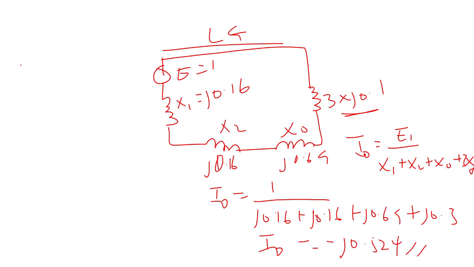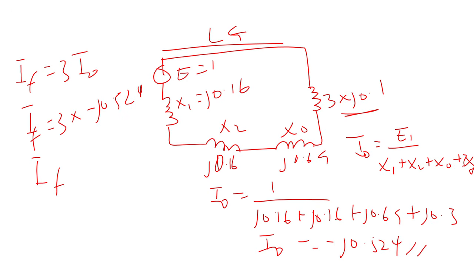Now that I have I naught, in terms of line to ground too, the fault current is 3 I naught, just like the double line to ground. But how we get I naught is totally different when it's a line to ground fault, right? So IF will end up being 3 times minus j0.524.